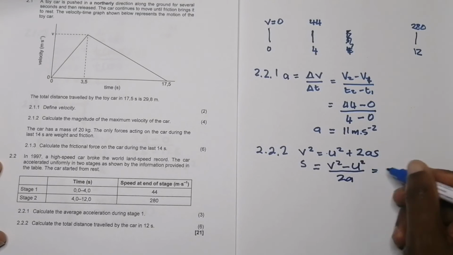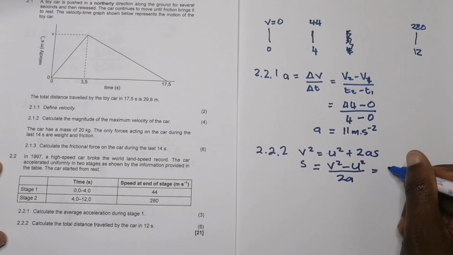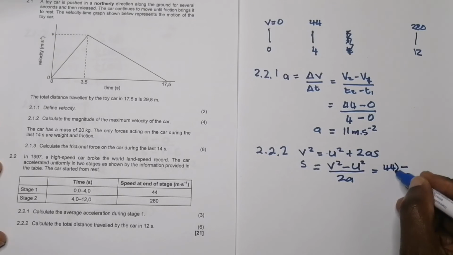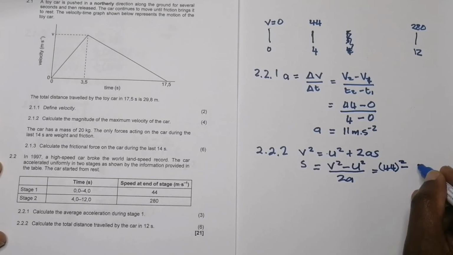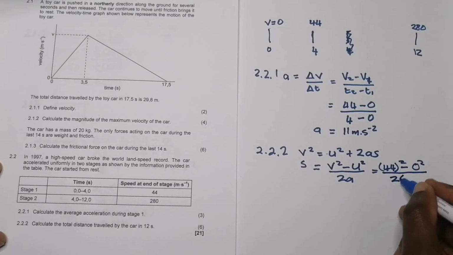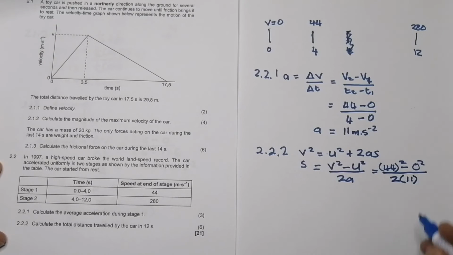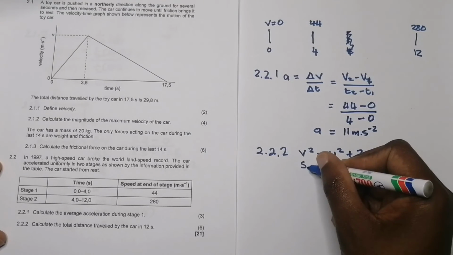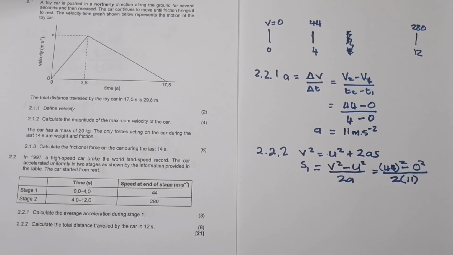My final velocity was 44, so that's 44 squared minus initial velocity, that was 0 squared, divided by 2 times a, which was 11. And by the way, you could have used the third equation as well, s is equal to ut plus half at squared. You could have used that. And let's find that distance s1 there.